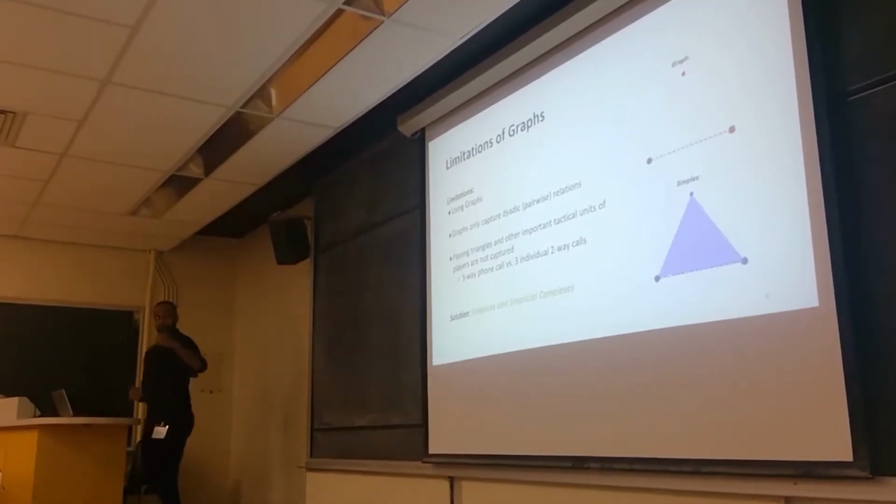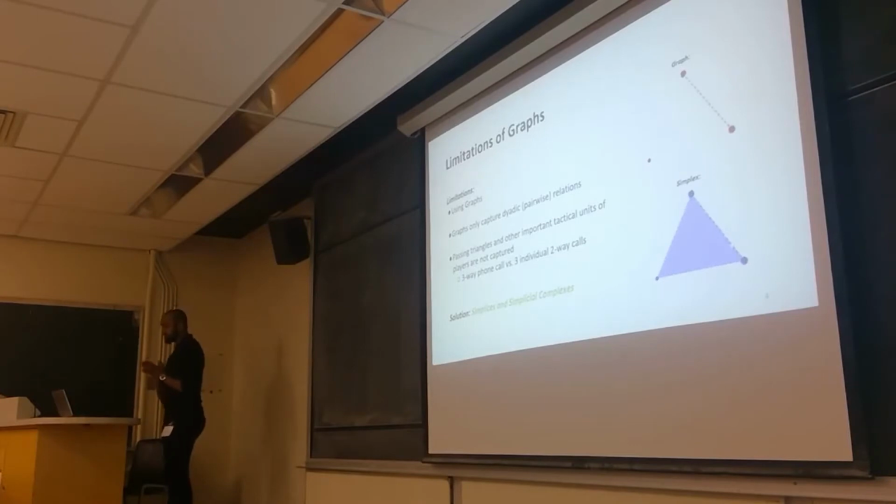So if we look at the figure on the right, essentially what we have is a trio of players, and the ball is flowing freely between these players, but the graph only sees the ball goes from A to B, and B to C, and then C to A, and doesn't really see that this trio of players have actually formed a unit on the field. This is a severe limitation because in team play and soccer, these tactical units like a pass triangle or possibly a pass diamond are very important in terms of the overall tactical approach of the team.